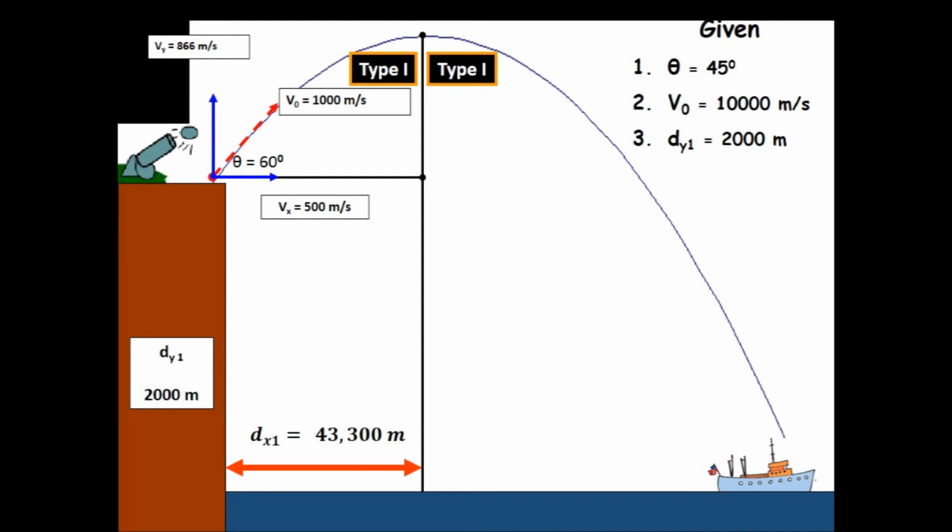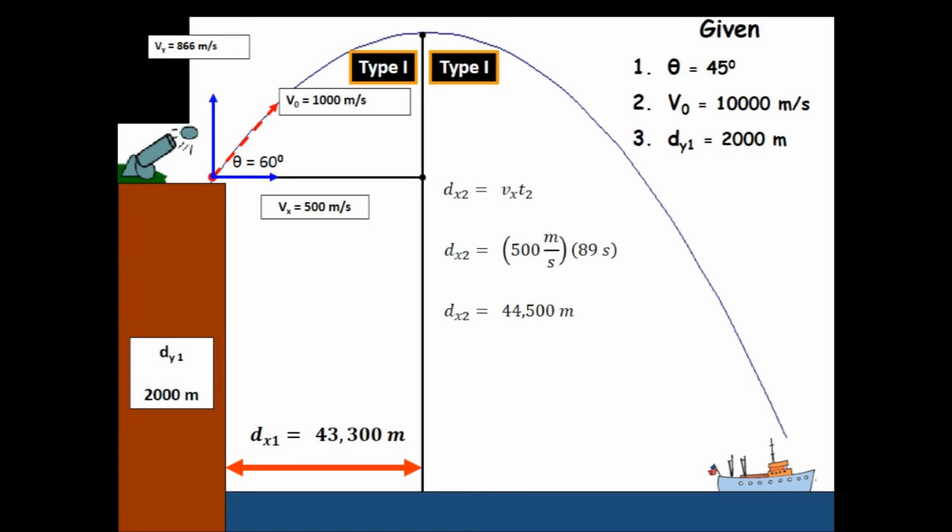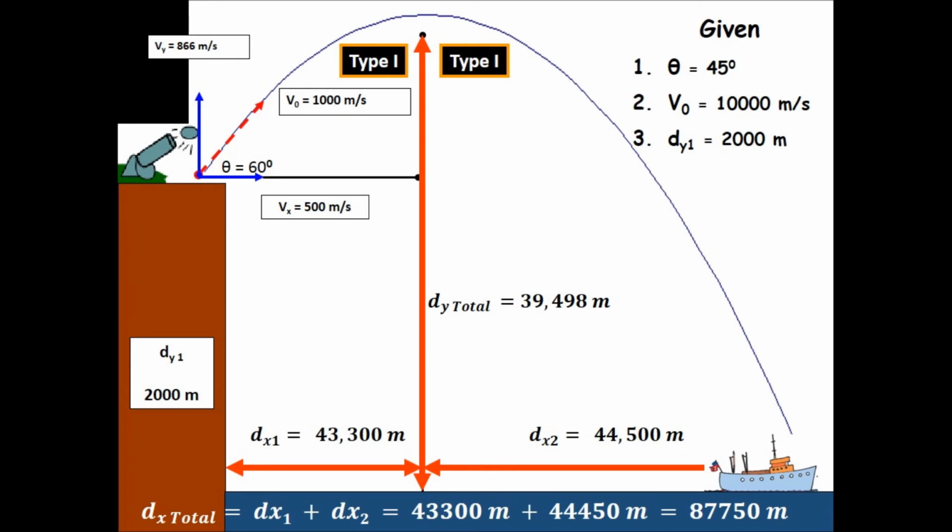So you'll add to it 44,500 meters. So now the total horizontal distance is going to be 87,750.